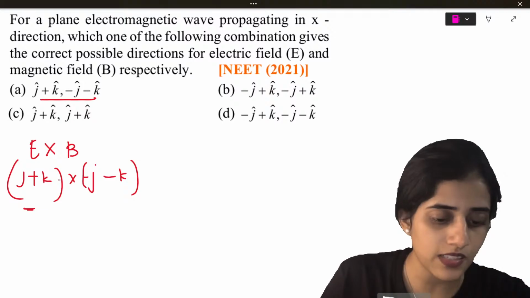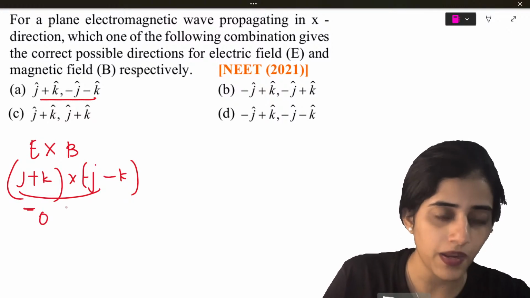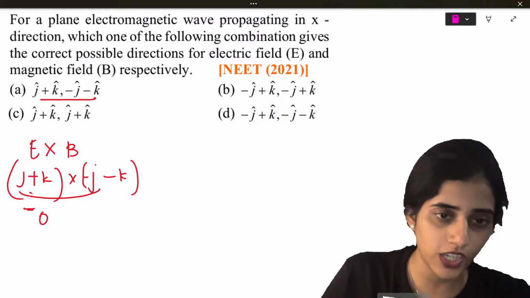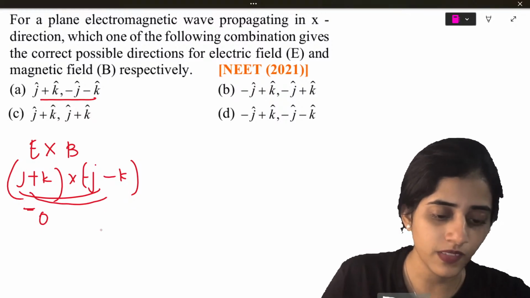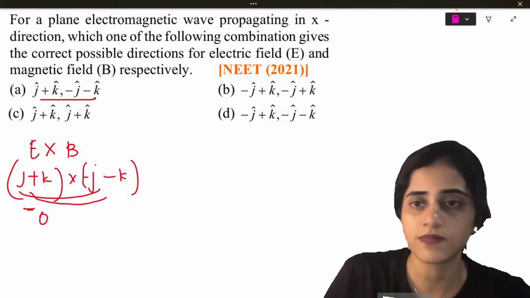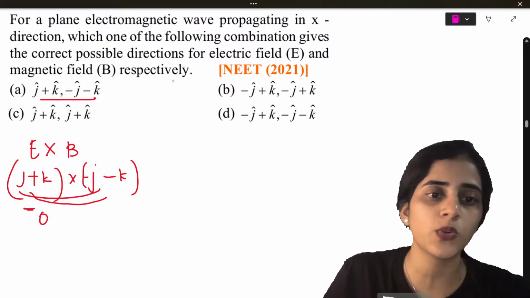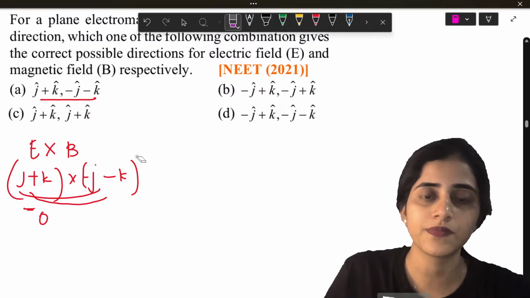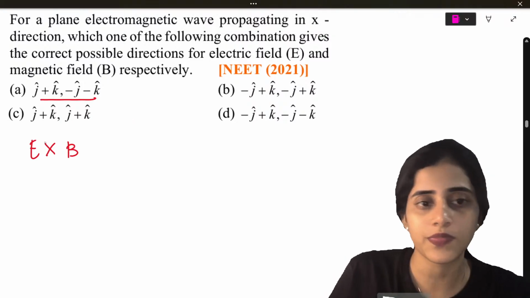Minus J plus K cross J plus K is going to be equal to the first two terms, J cross J is 0, plus J cross K. I will do it for one, okay? For the others, you will do it.